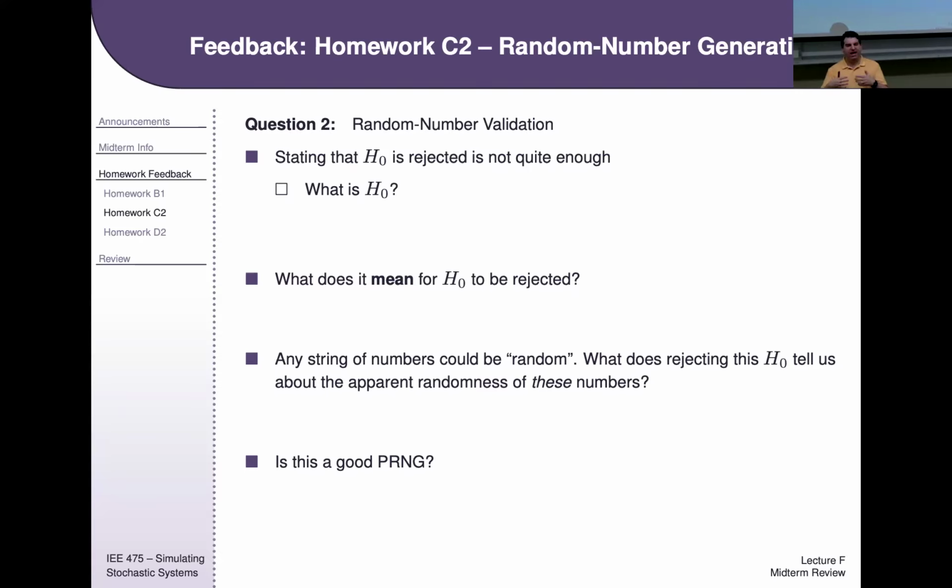I'm not going to ask you on the midterm, was the hypothesis rejected? I'm going to ask you, are these numbers uniform? So you have to know, if I reject the hypothesis, what does that mean? That's what I'm trying to remind you of here: knowing how this test relates to the properties of a good random number generator.